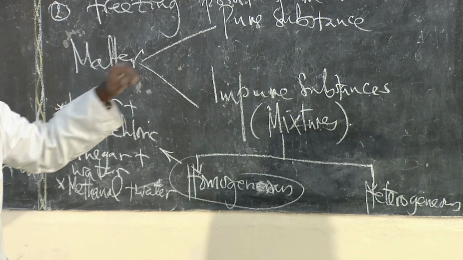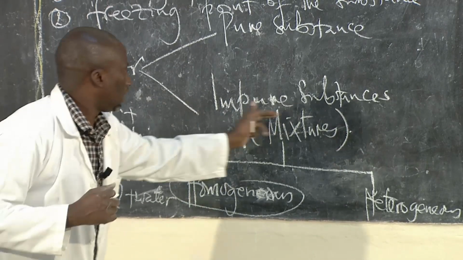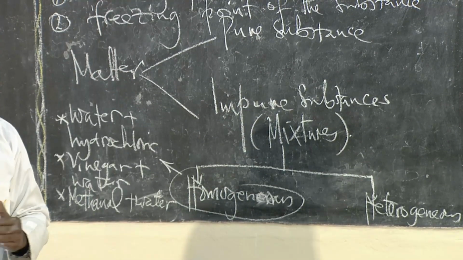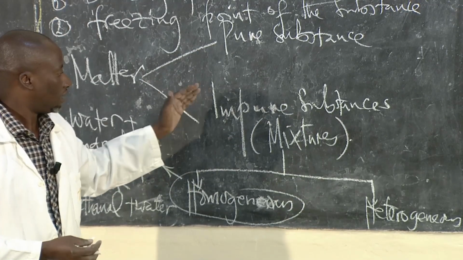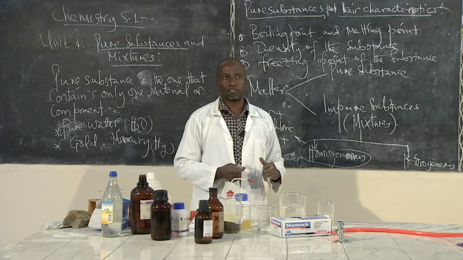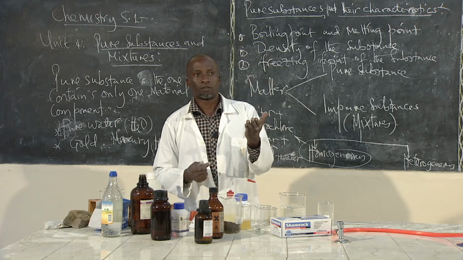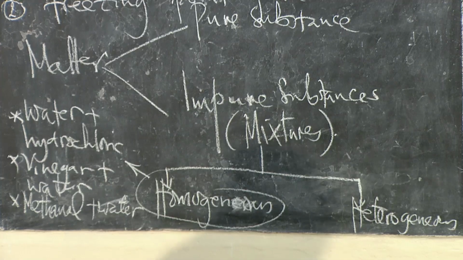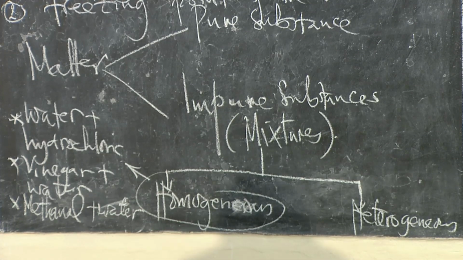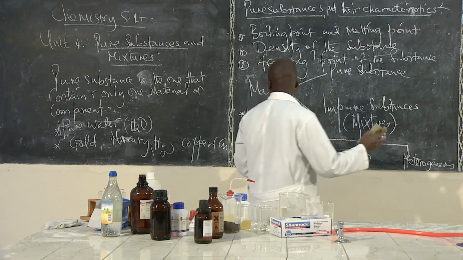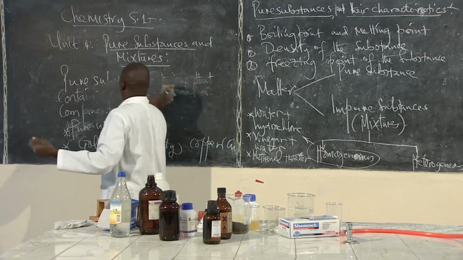Now, these are two examples of the impure substances, which we said they are mixtures. So what is a mixture?